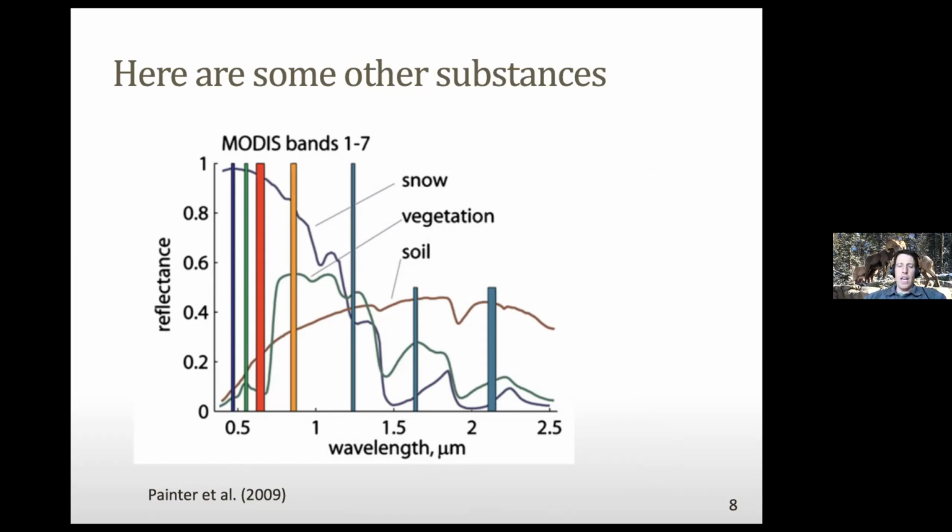The vegetation is sort of similar, except just past the visible, in the near infrared, vegetation actually gets really bright. And that's so that it doesn't overheat, and it's sort of optimized itself genetically to do that. It's actually called the red edge, that large increase.